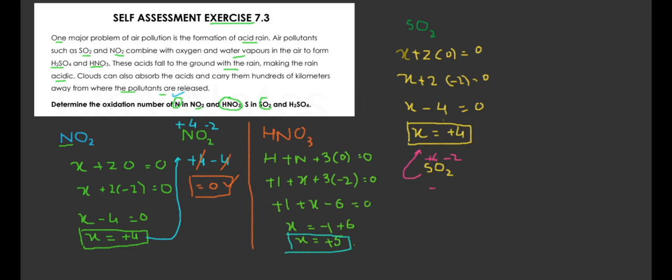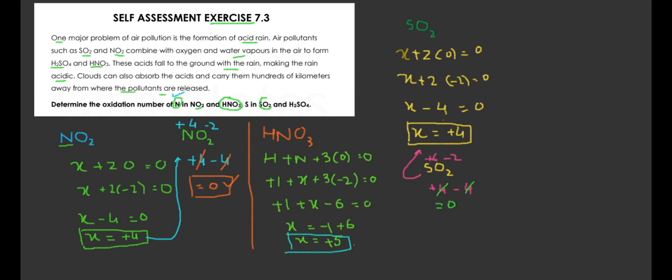So +4, and once you multiply 2 by -2, that is -4. So once you cancel them, +4 and -4, you will get 0.